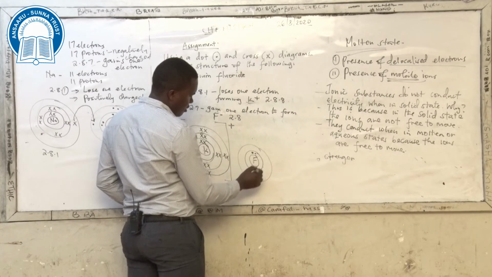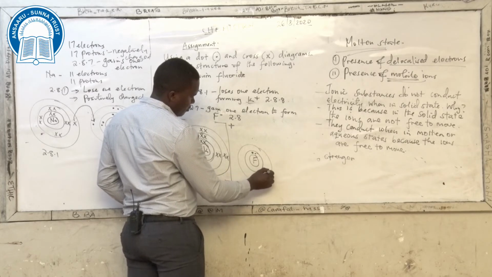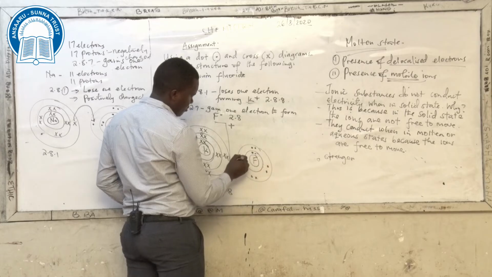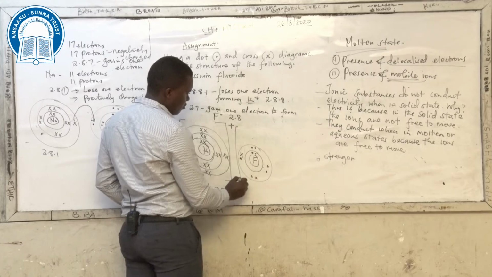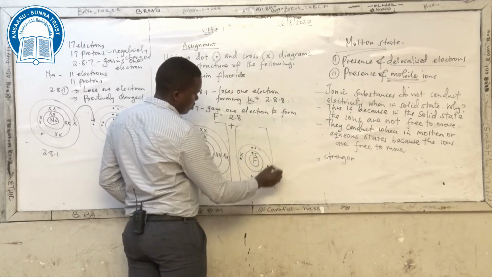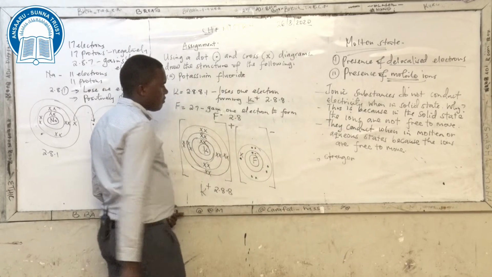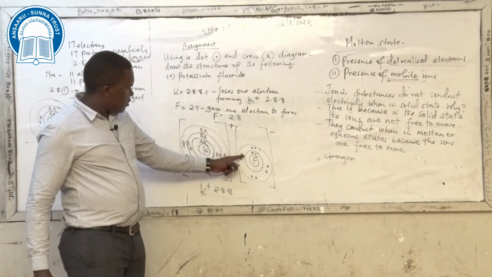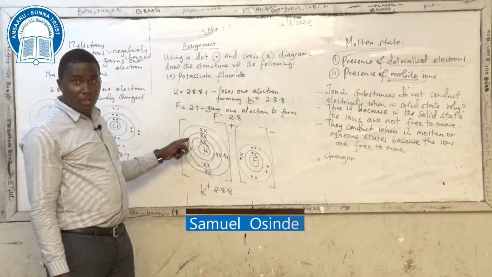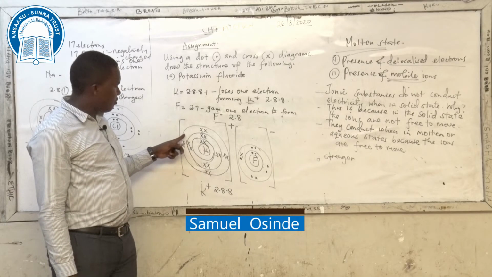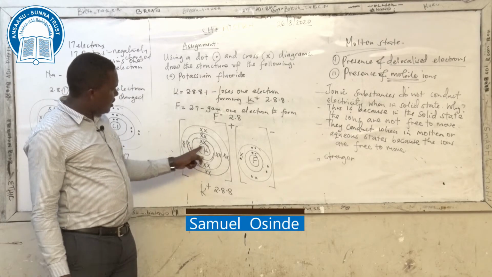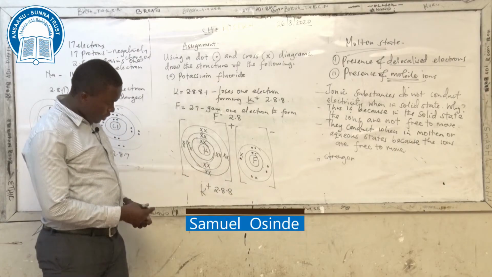This one will have the dots, and the one X electron from potassium. This electron has come from the potassium atom, and therefore you must give it the configuration of where it has originated from.